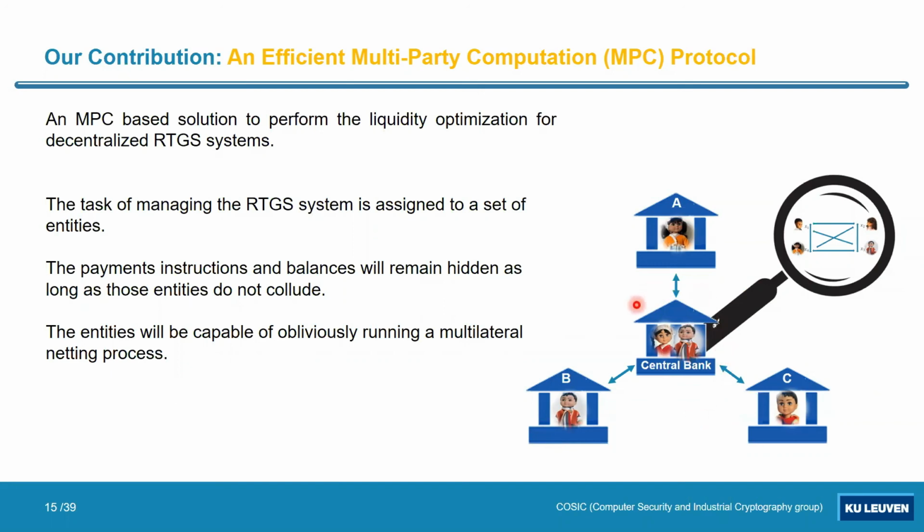Basically, instead of having a central party, we have a set of parties that use an MPC protocol to run GRP and solve it. In this case, the payment information will remain hidden as long as these parties do not collude, and these parties are able to run a multilateral netting process in an oblivious manner.